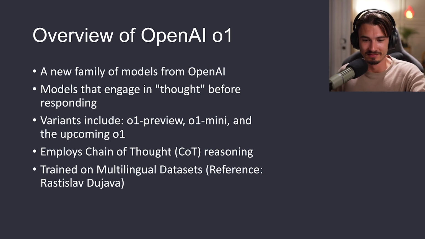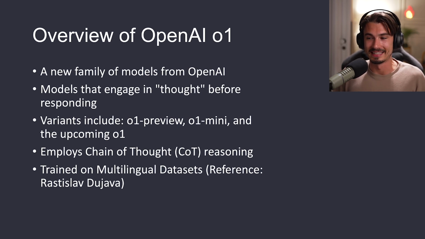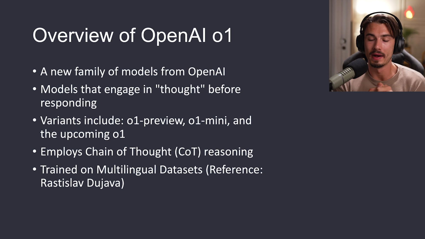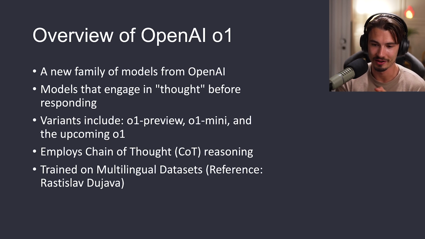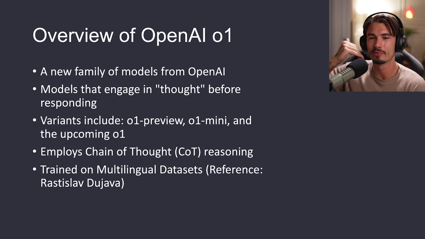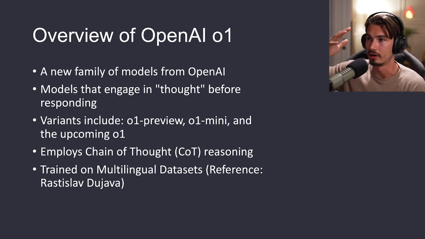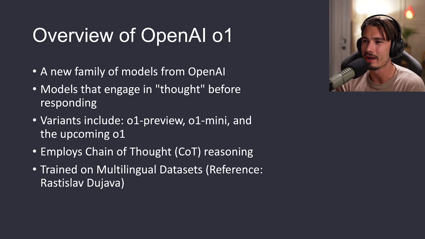And then it's trained on multilingual data sets. This is an interesting reference point that we talked about in the office hours. Not sure this is too useful, but this came up in a conversation recently with community member Rastislav Dujava, and he pointed out, and I noticed this too, that often in the thinking process, it thinks in Mandarin or in Hindi or in just foreign languages, and you wonder, why would it do that?